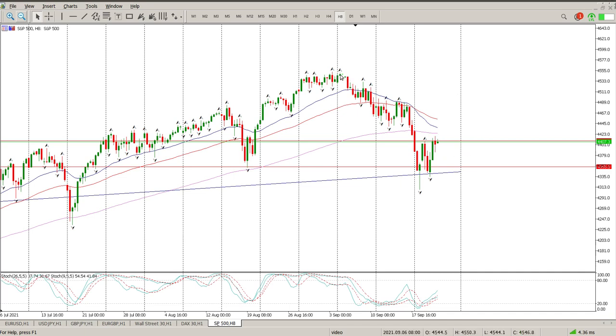Okay, so there's a couple of things going on, but we really need to get above basically this week's high. So that was the current high of the week, so that's what we need to do. And if you're looking at the weekly chart, you'll see we have a massive pin bar at the moment.